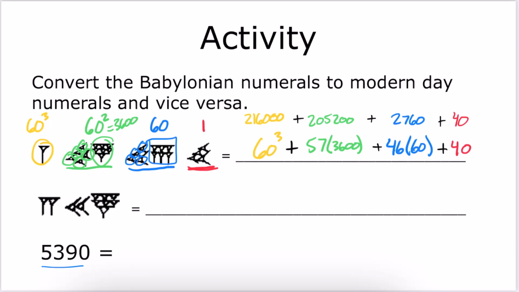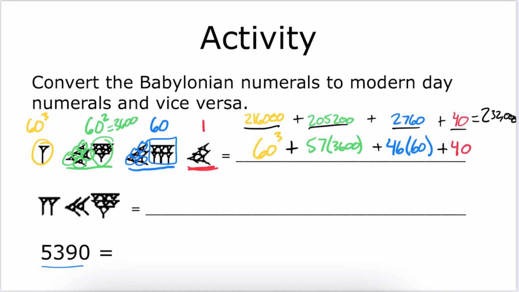So I just went and calculated all of that out in my calculator. And you end up with these numbers when you multiply all of that. And when you add all of those numbers together, you get 200 and I think it's 32,000 if I added those right. And so that would be the modern day number that's represented by this Babylonian number.